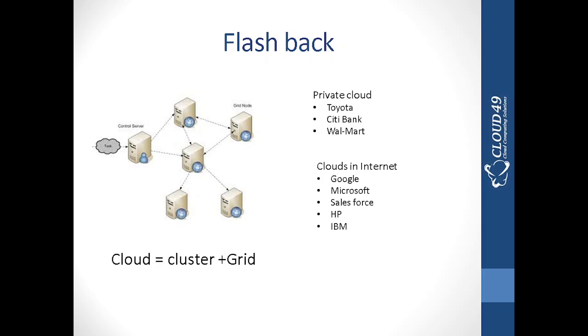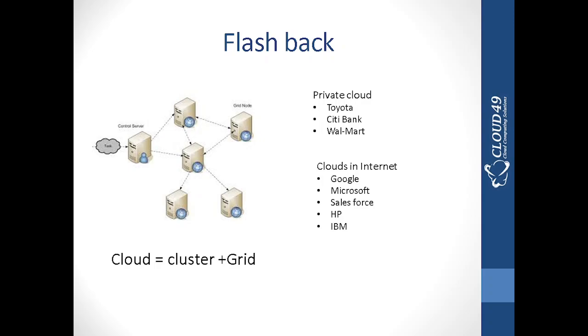Citibank and Walmart also have their own clouds, and many companies have their own private clouds. But some companies give services to customers, so these are clouds in internet, like Google, Microsoft, Salesforce, HP, and IBM. I think it is clear to you.